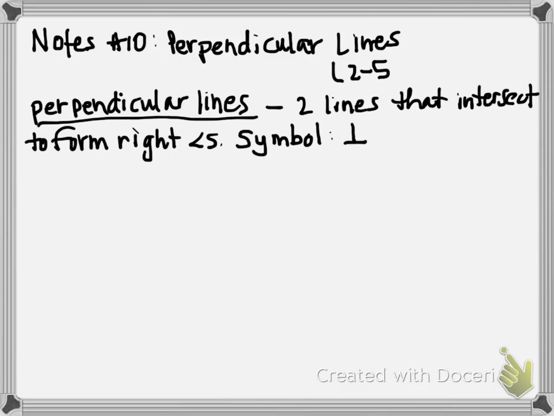So there's two things that our definition kind of gives to us. First, it basically says if two lines are perpendicular, then four right angles are formed.